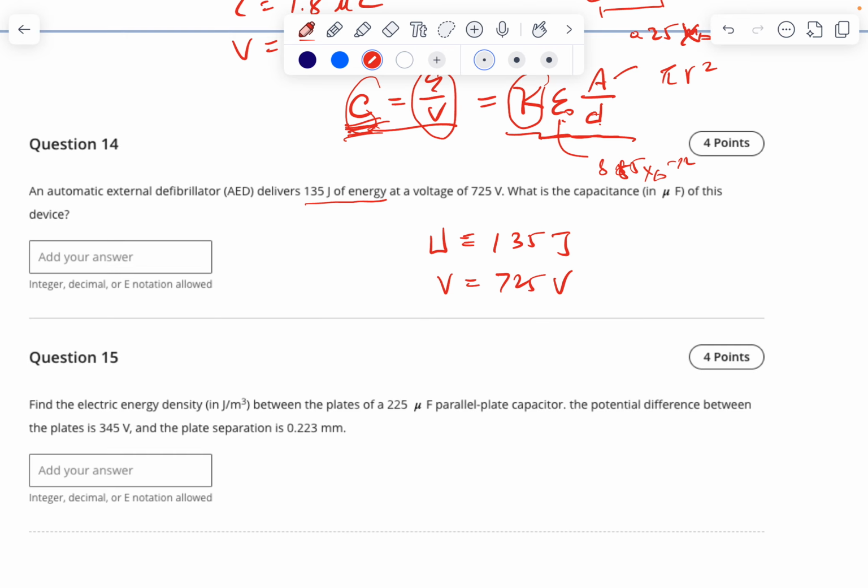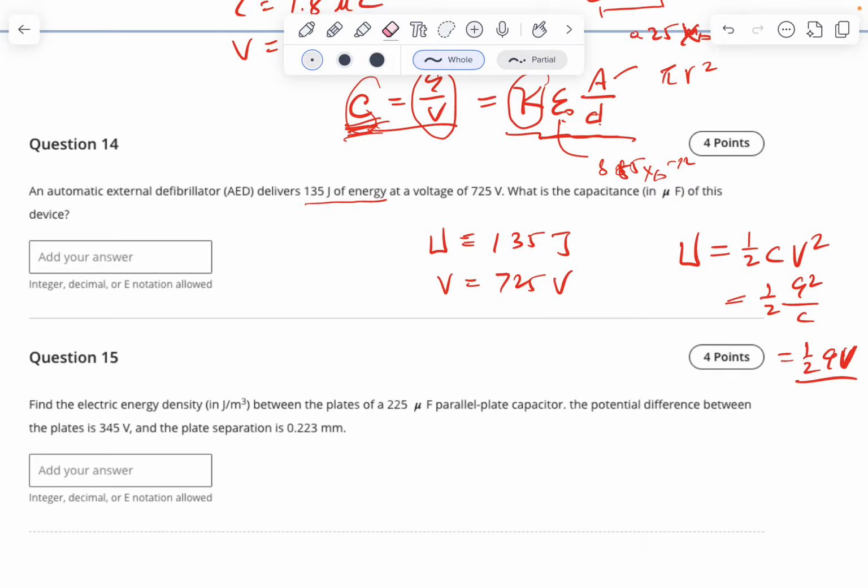All right, so we know the energy held by a capacitor equals 1/2 C V squared, also equal to 1/2 Q squared over C, also equal to 1/2 QV. Okay, so those three equations. Depends on what you have, right? So in this equation, what we know here is voltage, right?